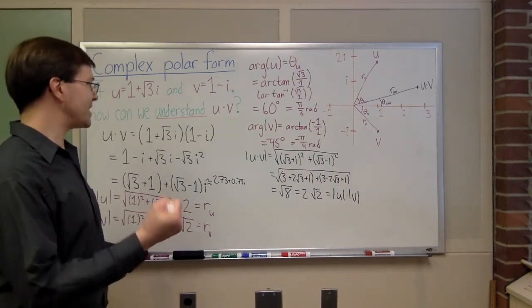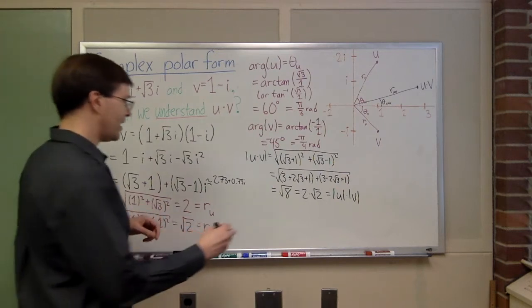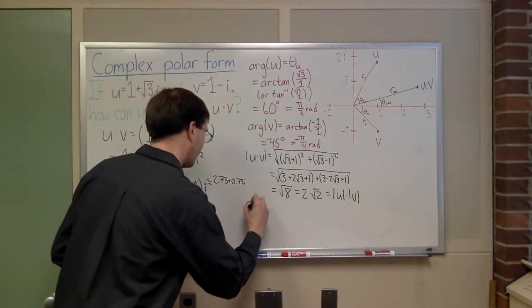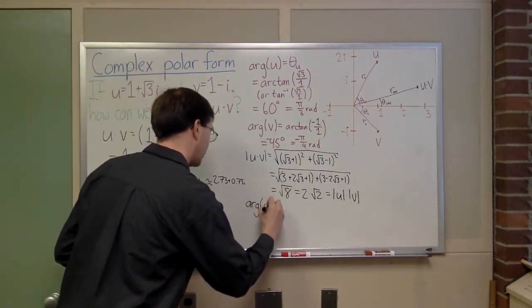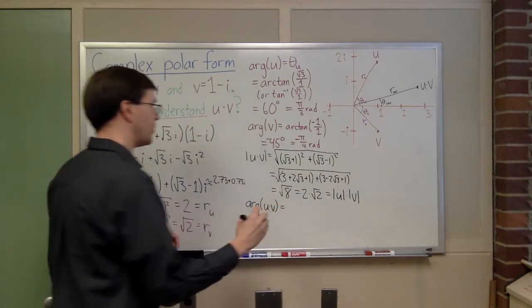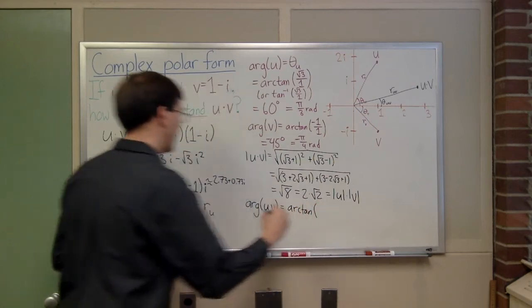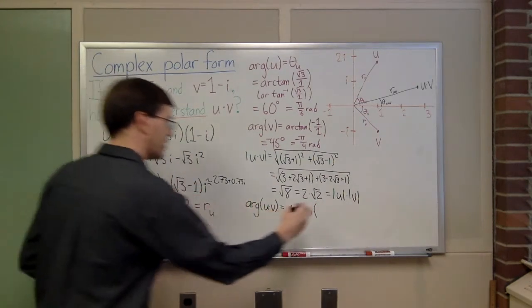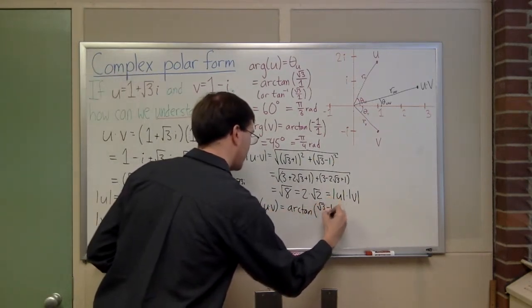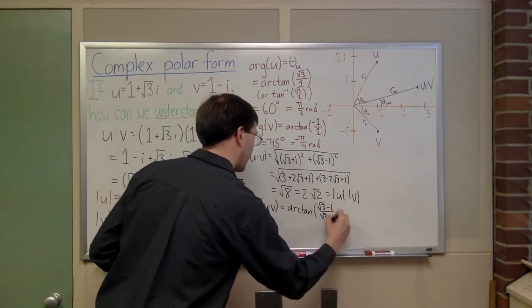This is one that's a little messier. I can look at this. The argument of u times v is going to be the arctan of imaginary part over real part. So square root of 3 minus 1 over square root of 3 plus 1.